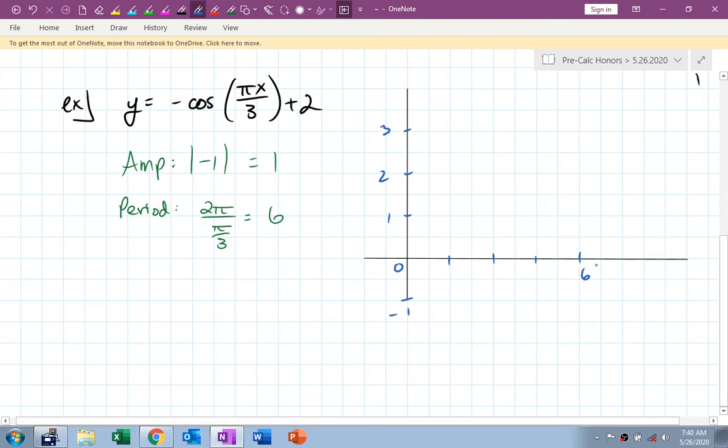And so my halfway between 0 and 6 is 3. Halfway between 0 and 3 is 1.5, or 3 halves. And then halfway between 3 and 6 is 9 halves, isn't it? Like 4.5.